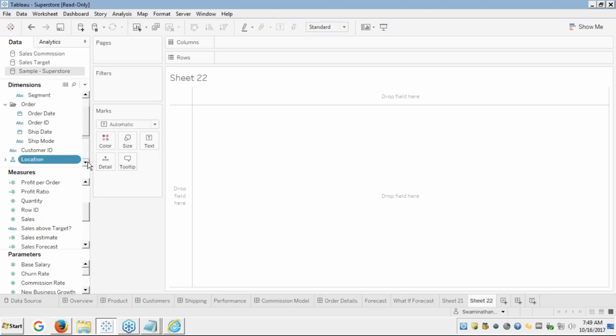We don't actually have days to ship, so let me take something different. To use this clustering feature, based on the data, it creates the clusters for us automatically. Generally we drop those clusters in the color view so that once they come, we will be able to see those clusters there.